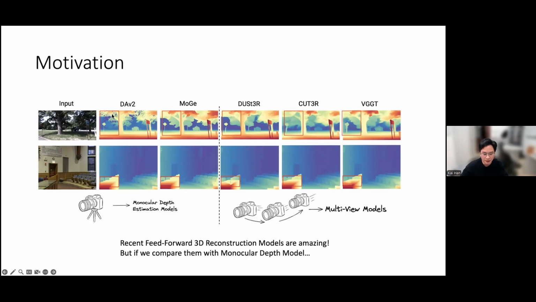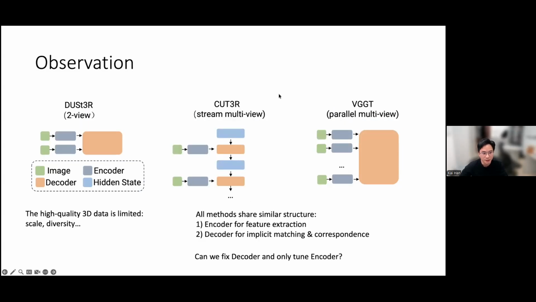So we want to see whether we can leverage the capabilities of these strong monocular depth estimators to help us improve the details of these feed-forward 3D models. That's our initial motivation.